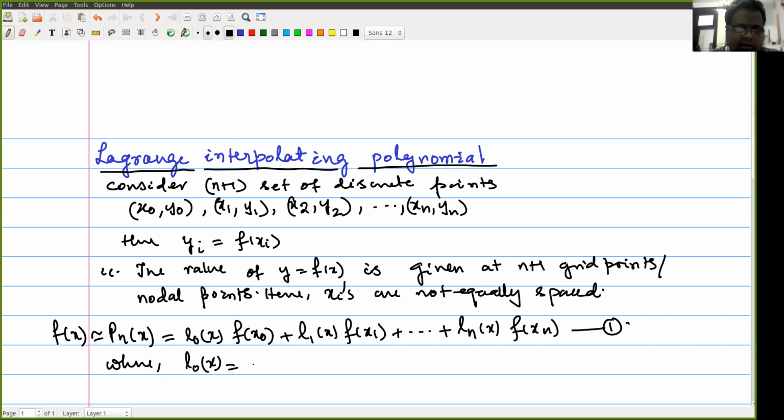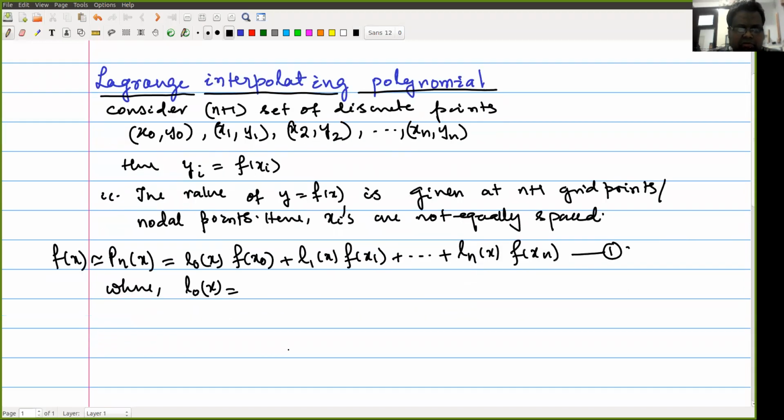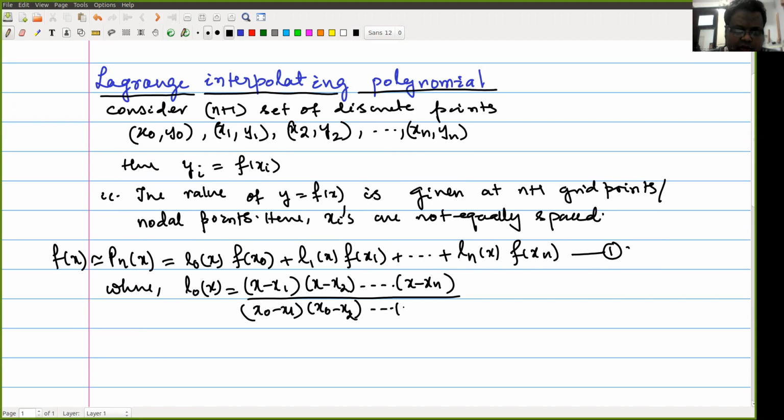L0, L1 up to Ln are called the Lagrange fundamental functions. L0(x) is x minus x1, x minus x2 up to x minus xn divided by x0 minus x1, x0 minus x2 up to x0 minus xn.